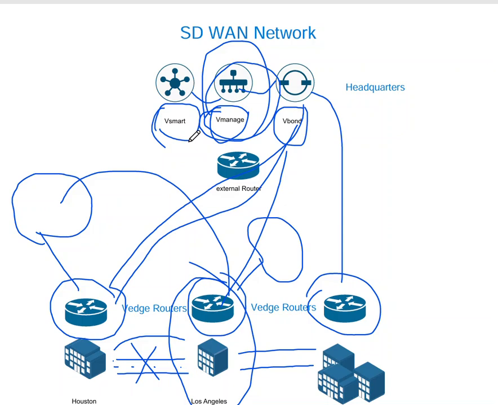So imagine vSmart is smart because it acts like the GPS of traffic. It finds the most optimum way, the fastest route for traffic to travel from one site to another.